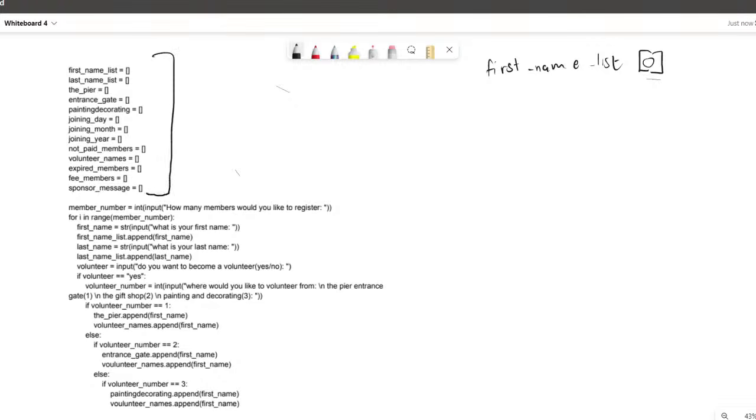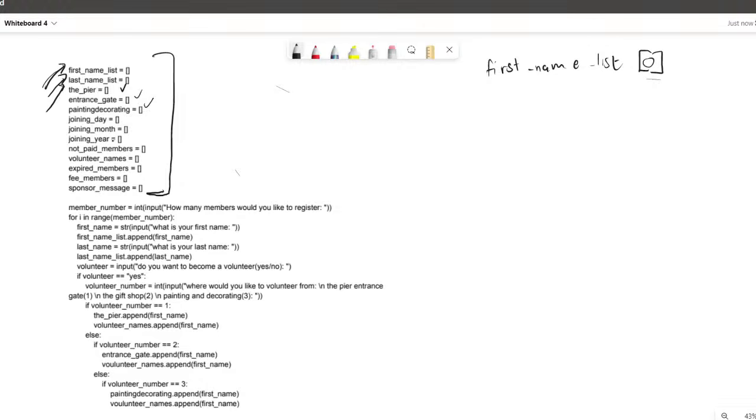So these are the arrays we need. This one will store the first name, this one will store the last name, and this one will store all the people volunteering on the peer, the entrance gate, the painting and decorating.